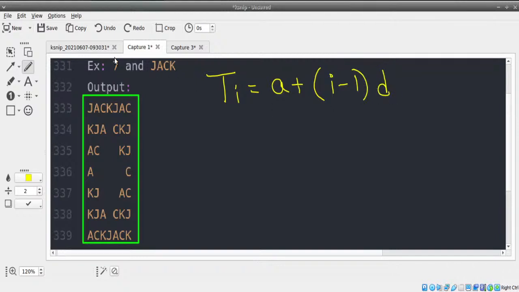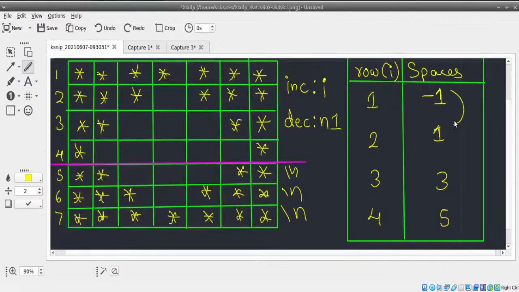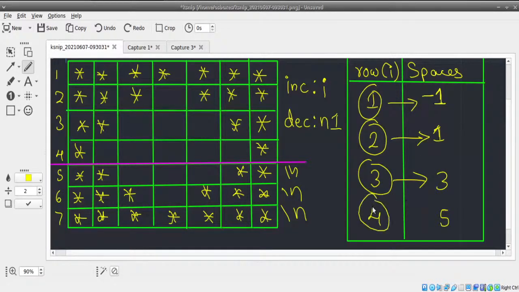This is the formula of AP we have. We're going to use the same thing because remember, the common difference is the same with every line. You can consider this as the first term, this is the second term, third term, fourth term. I need to find the ith term so that I can get to know how many spaces to print in line number i.